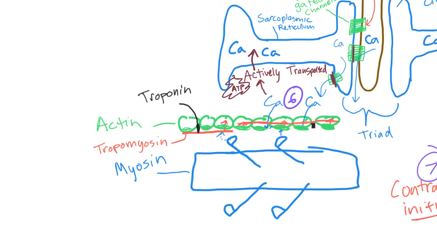And once enough of it is actively transported, then this shift will go back down, and it will block those binding sites, uncouple the myosin from the actin, and the muscle will relax back to its original shape.